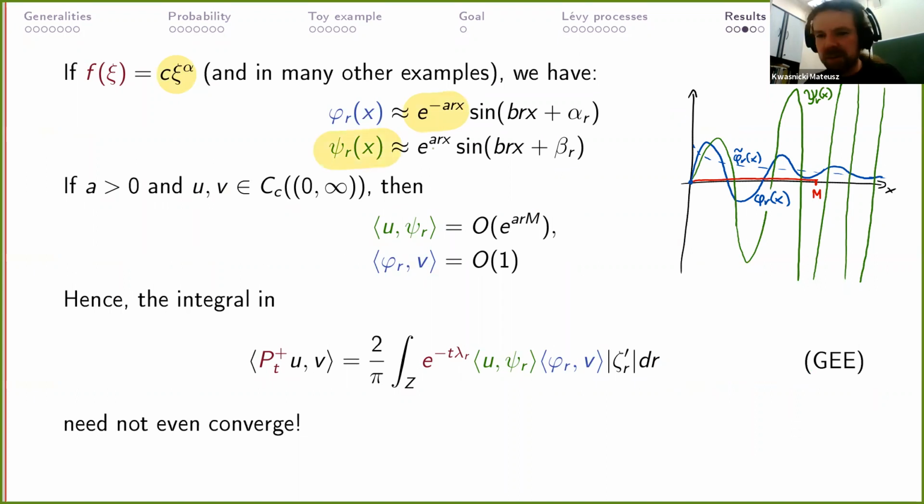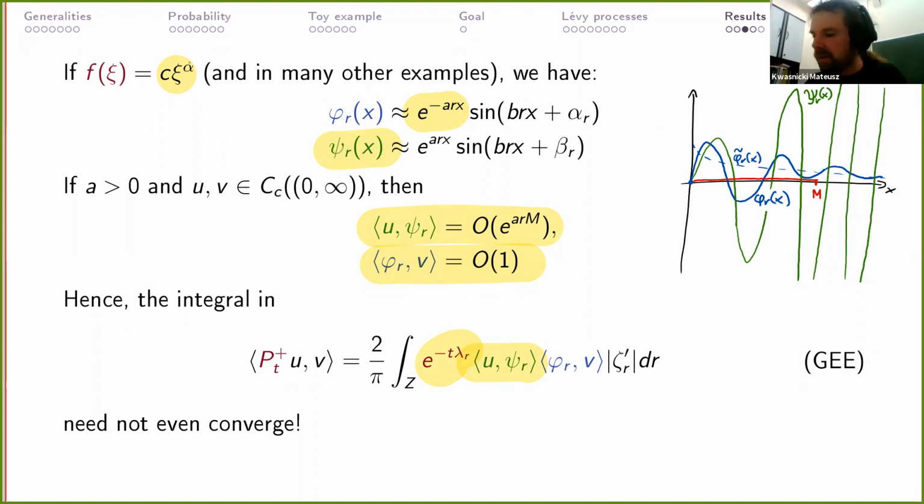But psi grows exponentially, which means that although the scalar product of phi and v will be bounded as a function of r, the other term will grow exponentially fast with r. So that guy grows exponentially fast. The question is whether lambda grows also at least at a linear rate. It does when alpha is greater than 1, but it does not when alpha is less than 1.